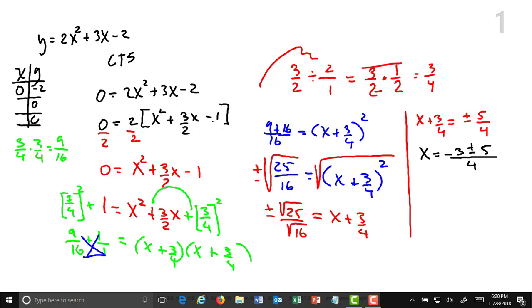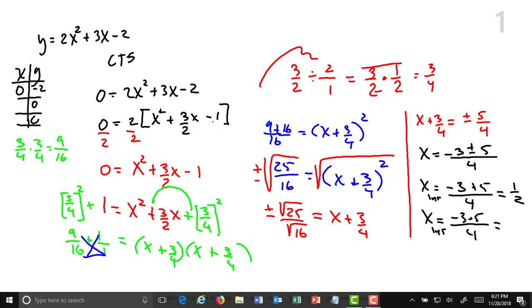So let's see what one solution is going to be. It's going to be equal to minus 3 plus 5 over 4. Guess what that equals? A half. And the other one's going to be x equals, these are intercepts. What is the other one going to be? Equal to minus 3 minus 5 over 4.